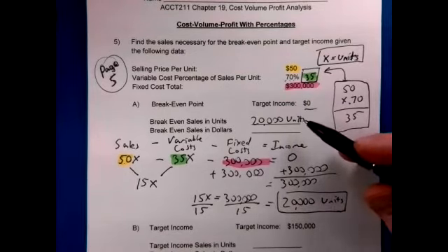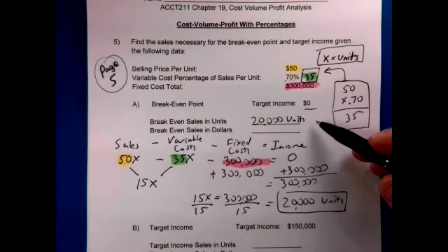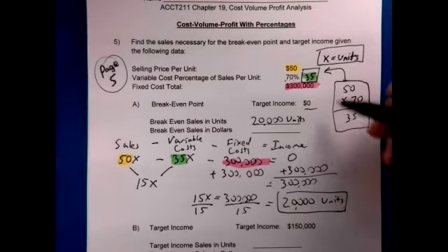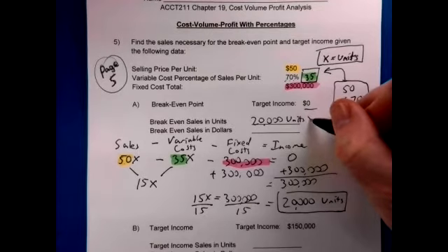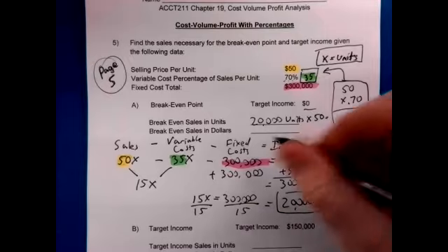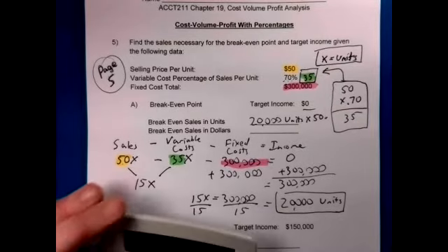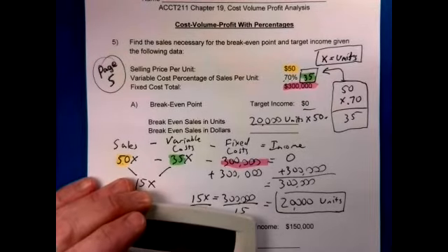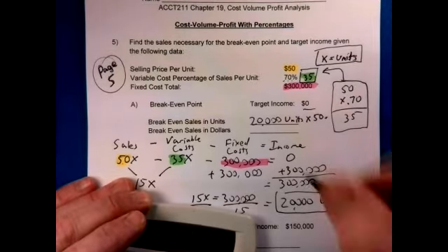So 20,000 units would be the break-even point in sales. And if we want to get that into a dollar amount, we can multiply this by $50, and that's going to equal $1 million.